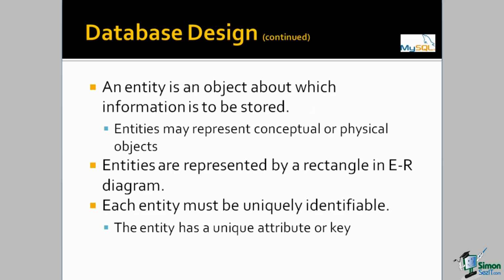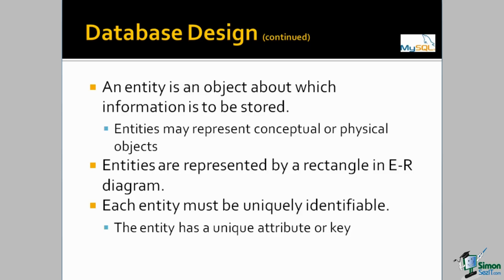When we look at the ER diagram, we're going to see that there are entities, and these entities are represented by a rectangle, and the rectangle has a name, and within that rectangle are listed the attributes of that entity. The entity may represent something physical, like a person or a product, but it may also represent something conceptual.